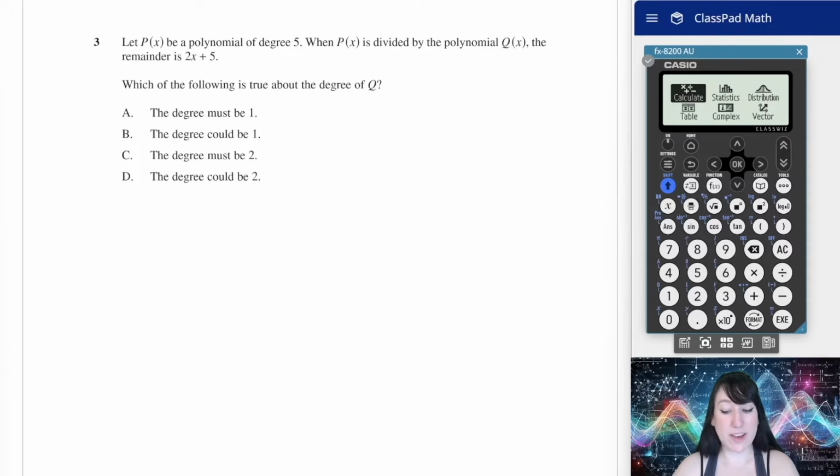In this case, the divisor is q of x. So, the degree of the remainder has to be less than the degree of the divisor. Now, the remainder is a linear expression, and so the degree of the remainder is 1.